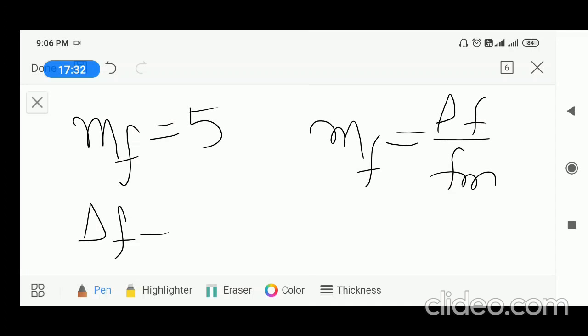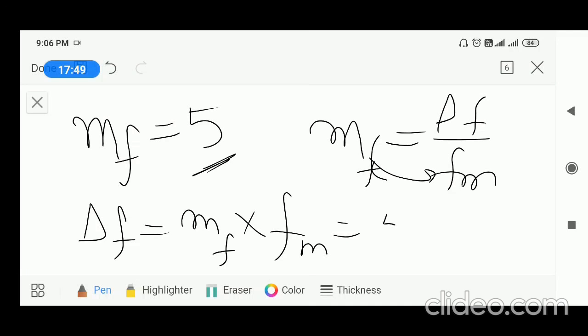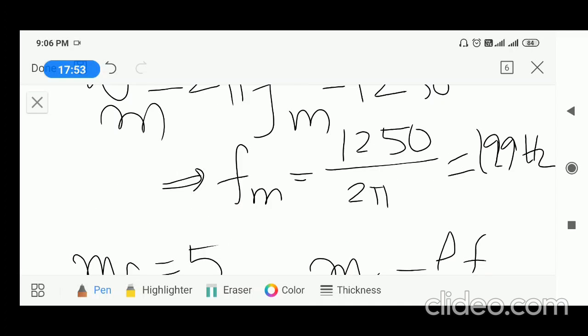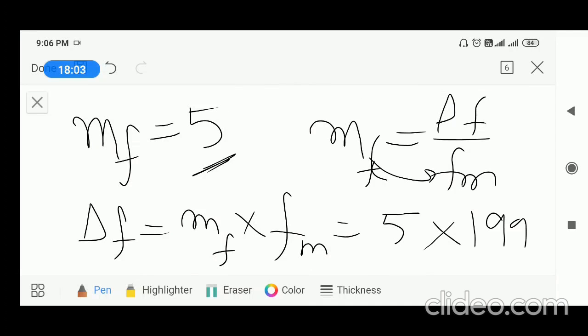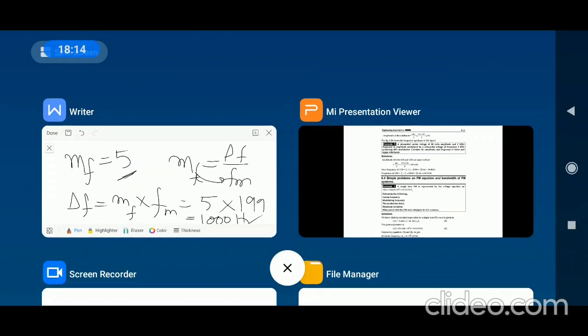Delta f is equal to the product of MF and Fm. MF is 5, the modulation index, and Fm we got is 199 hertz, approximately 200. 5 into 199, approximately 200 into 5, that is 1000 hertz, is the value of maximum frequency deviation. The exact value is 995 hertz.